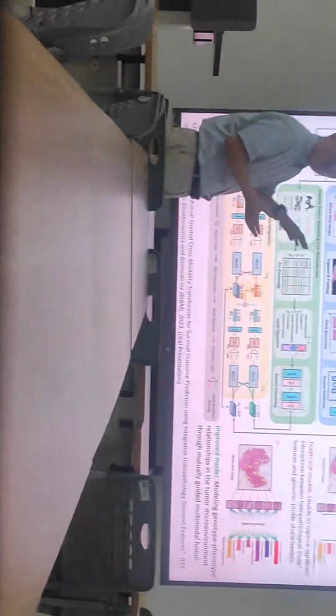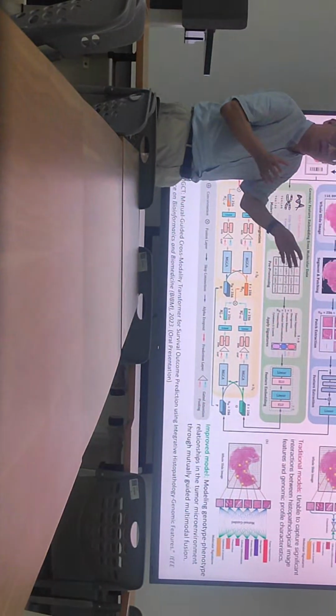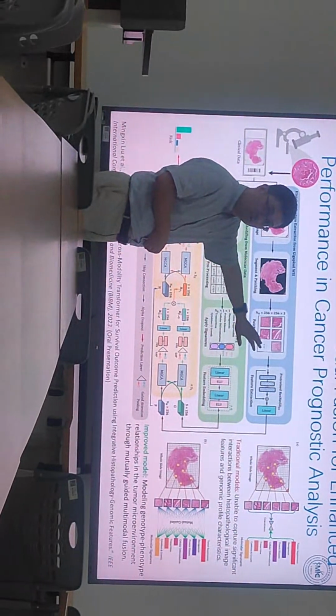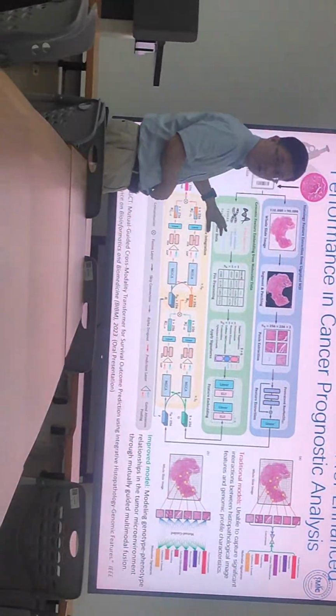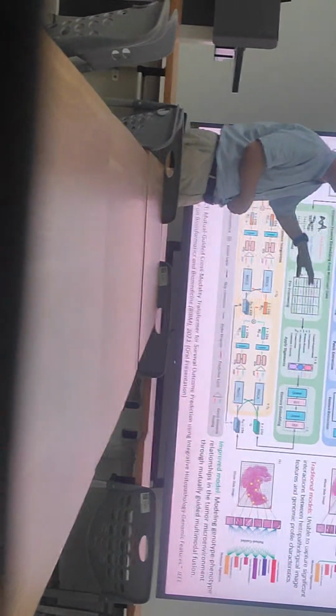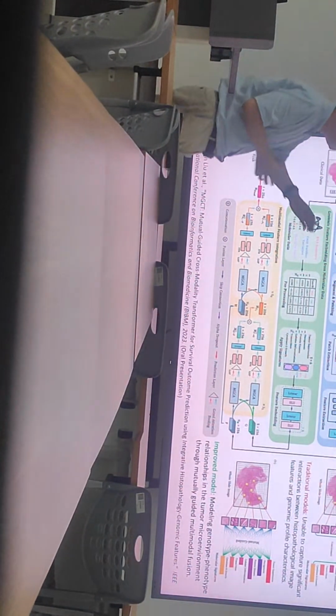We supervise the model with the other modality. For instance, we use the histology image channel to supervise the feature learning of the genetic channel, and then the genetic channel also supervises and selects better features for the image channel. This is the multi-modal problem.